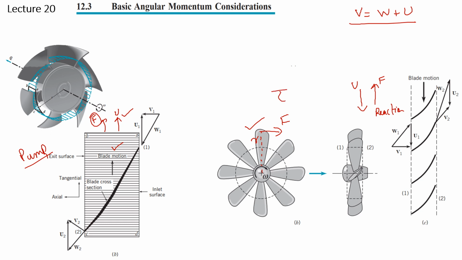So if we are talking about torque, then what will happen if the direction in which the torque is generated is the same as the direction of the blade motion? Then that scenario will again be that of the pump, and if the direction in which the torque is generated is opposite to the blade velocity direction, then we will say that that is the scenario for the turbine.